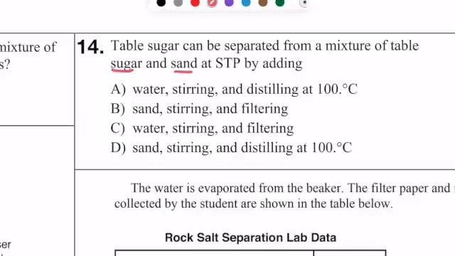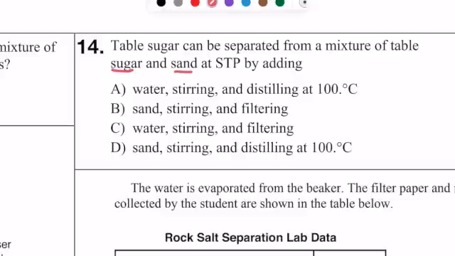So what we're going to have to do is dissolve this mixture of sugar and sand into water, because now the sugar is going to dissolve, the sand will not. Once we have that sugar water solution and the sand, we can use filtration.